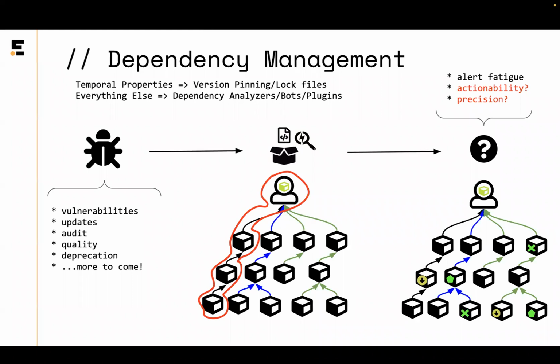And when it comes to other types of problems, for example vulnerabilities, updates, audits, quality problems, or even which functions are being deprecated, we rely on dependency analyzers, bots such as Dependabot or Renovate, or plugins such as Cargo Audit or npm Audit for security problems. And how does this in general look? The tasks you're looking at could be vulnerabilities, quality issues, updates, or audits.